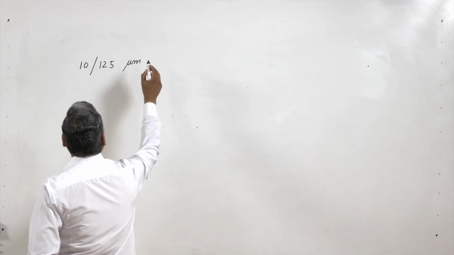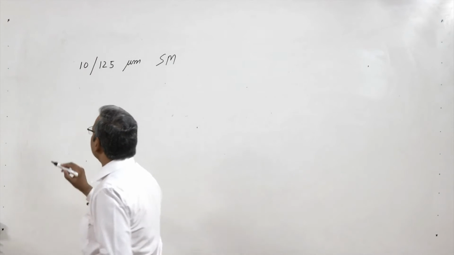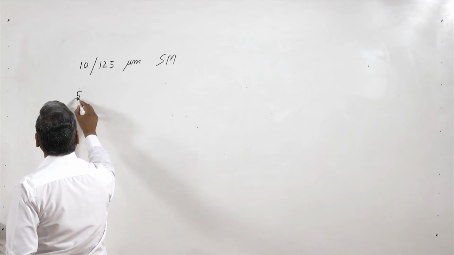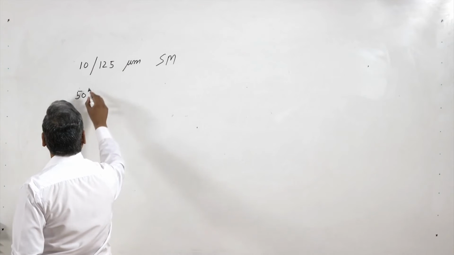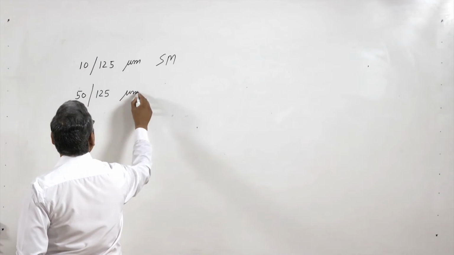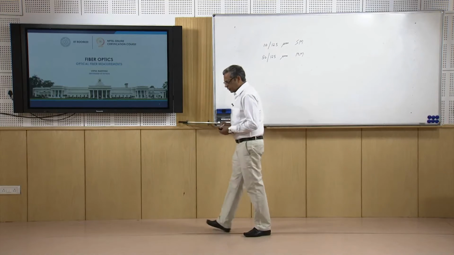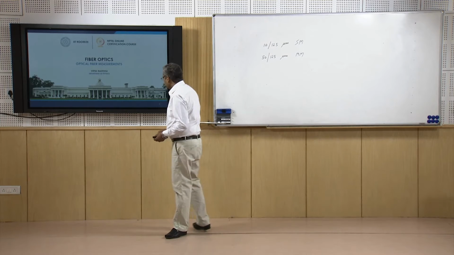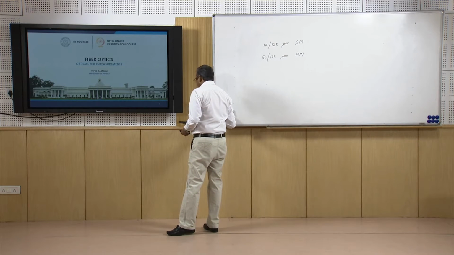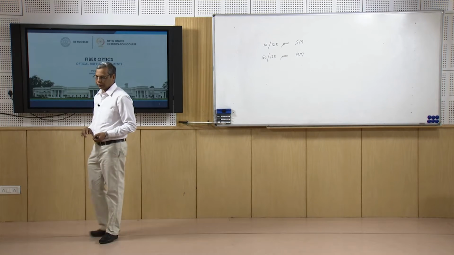This is a single mode fiber, and a multimode fiber may have a core diameter of 50 micron and a cladding diameter of 125 micron. So, this is a multimode fiber, and then there is an acrylic coating. So, the overall diameter might be 200 micron or 250 micron.